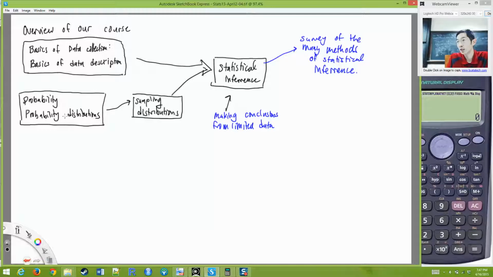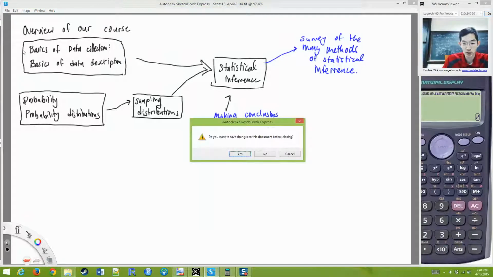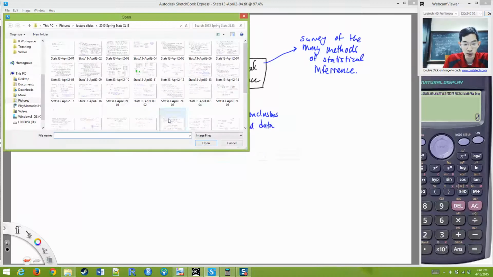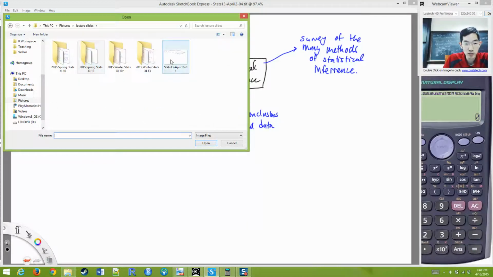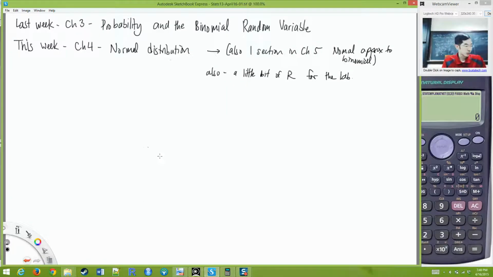Last week we learned about probability in Chapter 3, and we learned the binomial distribution, and today we are still learning more probability distributions, and it's the normal distribution, which is a very important one. Okay, so that's where we are.